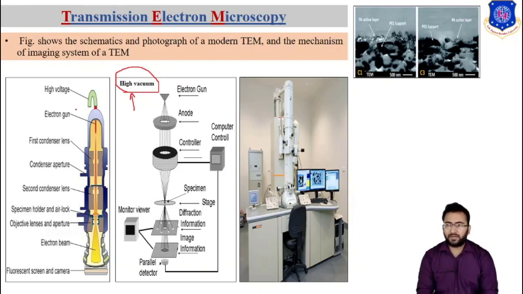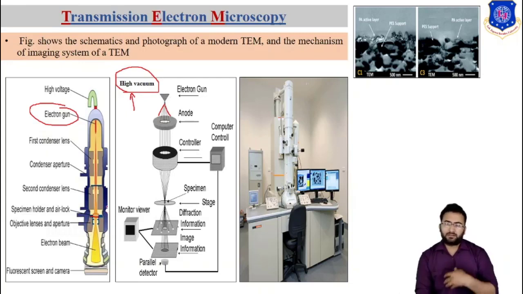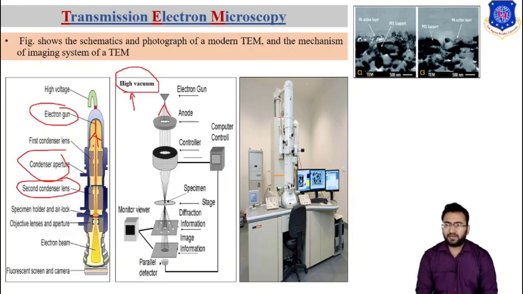So this is the electron gun, which provides electrons to the specimen. This specimen is our sample, such as a membrane or other polymer material. The electron gun sends electrons through the first condenser lens, then the condenser aperture, and then the second condenser lens.